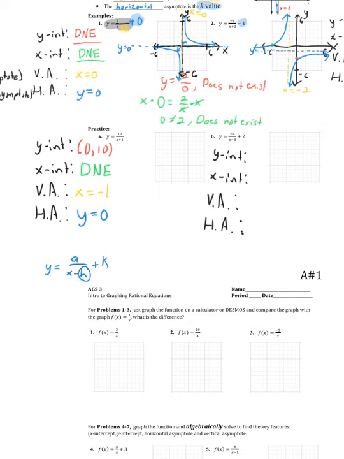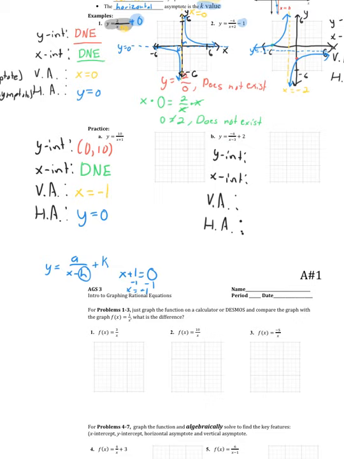But notice how it's negative 1 instead of positive 1. It's actually always going to be the opposite sign. The best way I can describe it is you really just want to take the denominator and set it equal to 0, like we do for our factored form, and then solve for x. In this case, I get x equals -1. So that's going to be our vertical asymptote for this problem.